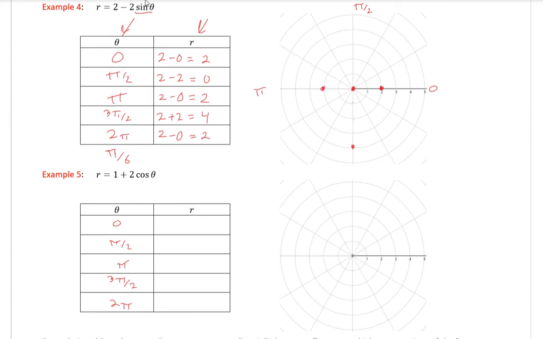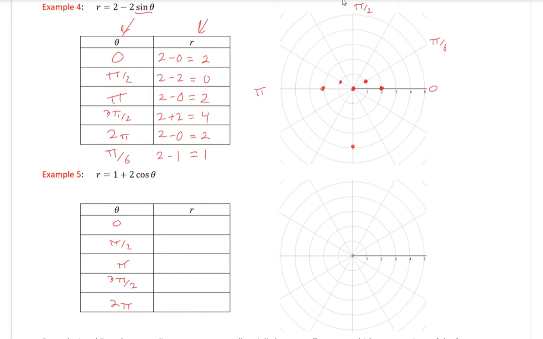It'll give me 1 over 2 instead of root 2 over 2 or 3 over 2. So you get 2 minus 2 times 1/2, which is 1. So that means at pi over 6, which is this angle measure here, I have a radius of 1. If you test 5 pi over 6, you're going to get the same thing.